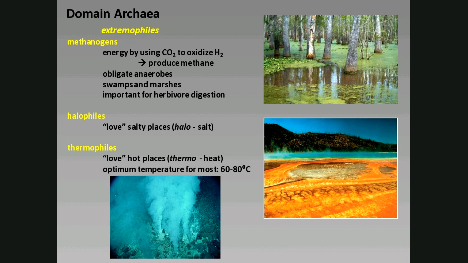So the mud of swamps and the bottom of lakes can become very low in oxygen. The halophiles, like you see on the right, live in very salty places. And the thermophiles can take it if it's very hot. Their optimum temperature, by the way, not upper limit, is about 60 to 80 degrees Celsius. Body temp in the human is 37, just for comparison.